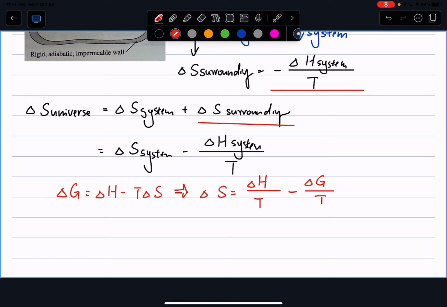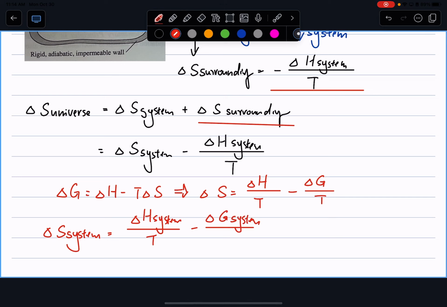And then we have delta S of the system thus equals delta H of the system over T minus delta G of the system over T. Right, that's just using the definition of your Gibbs free energy.